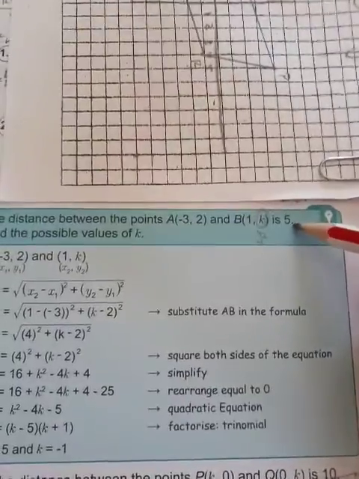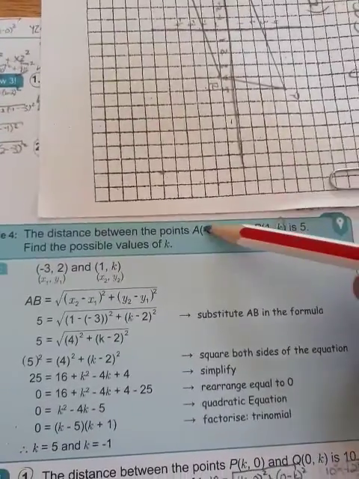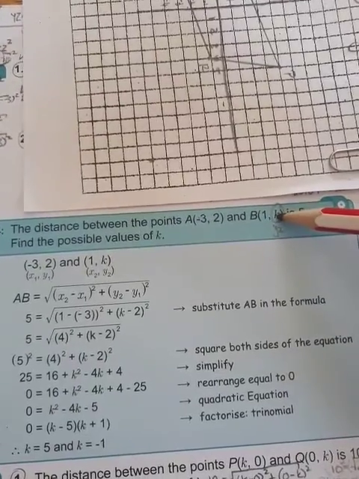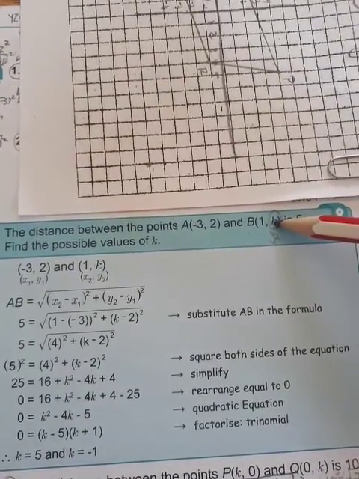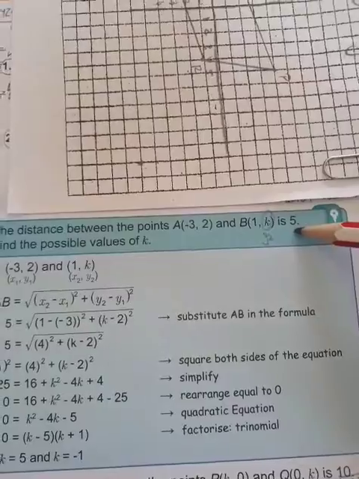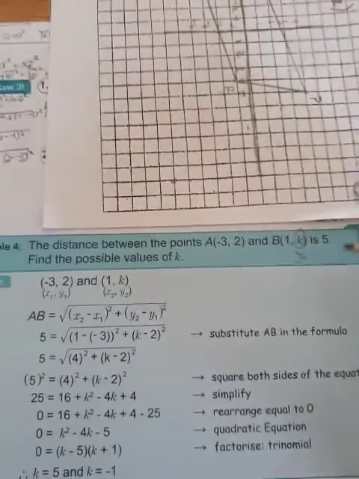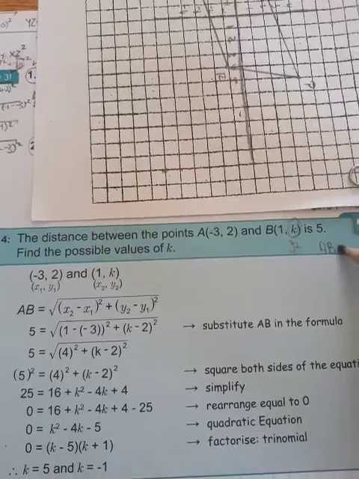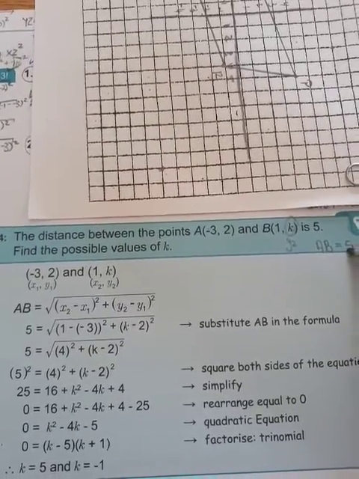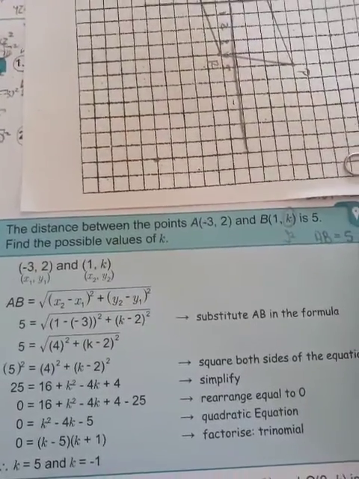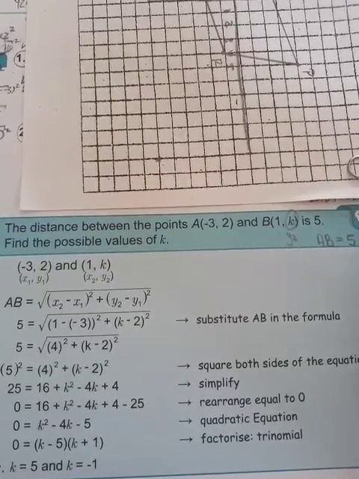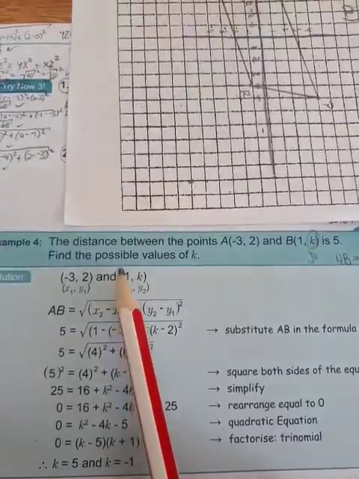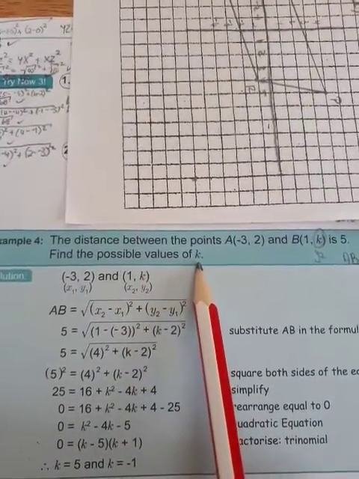You have one full coordinate and a coordinate where the y number is missing, but they tell you that the length between A and B equals 5. So in this case, the length of the line segment is given. That you must realize.